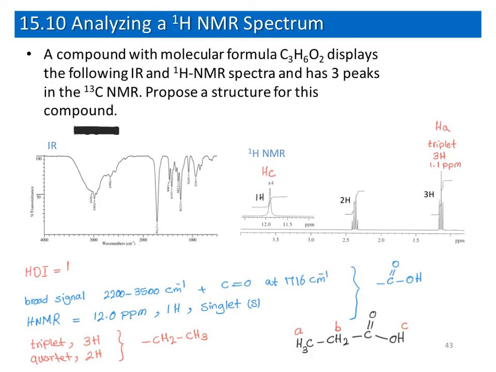So 3 plus 1, the peak for this one should be a quartet. So let's write this down. We expect to see a quartet with integration of 2 hydrogens at 2.4 ppm. So this is hydrogen B.